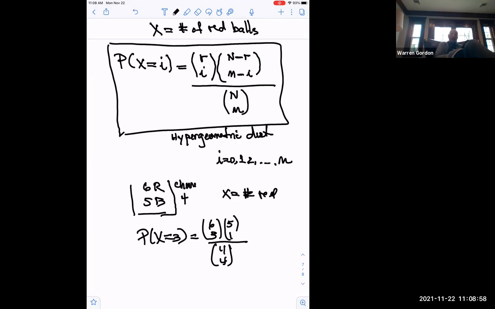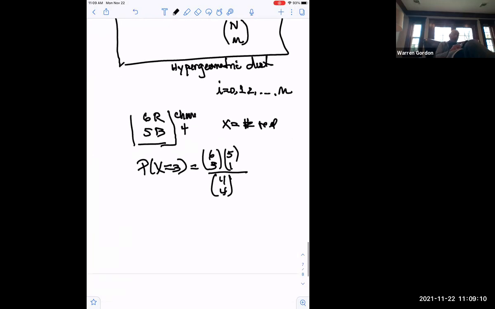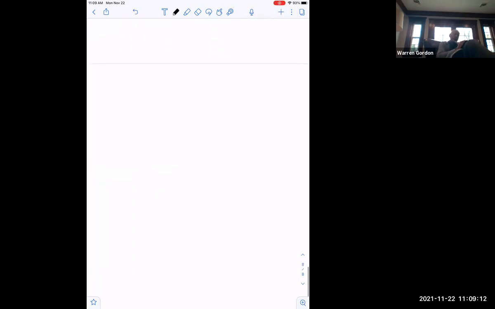So there really is nothing new with respect to this kind of problem. I just want to make some observations and tell you an interesting result or two. So let's go back and let's look at this urn. So I have R red, N minus R others.